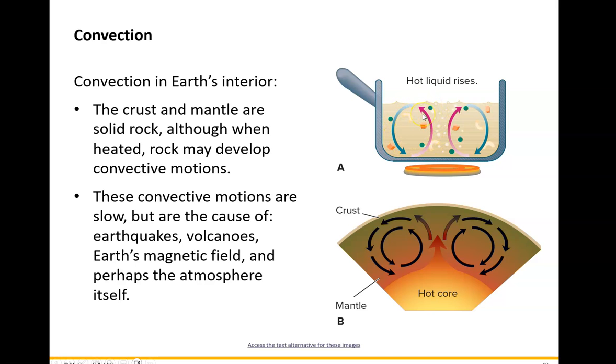That's the idea of a convective current, a good example in liquid. Again, this happens on the Earth as well. And as it says here, these are really slow, until there's maybe a sudden movement of rock, and that's when you sometimes get volcanic activity, when this stuff breaks through the crust. Sometimes there's earthquakes as well.